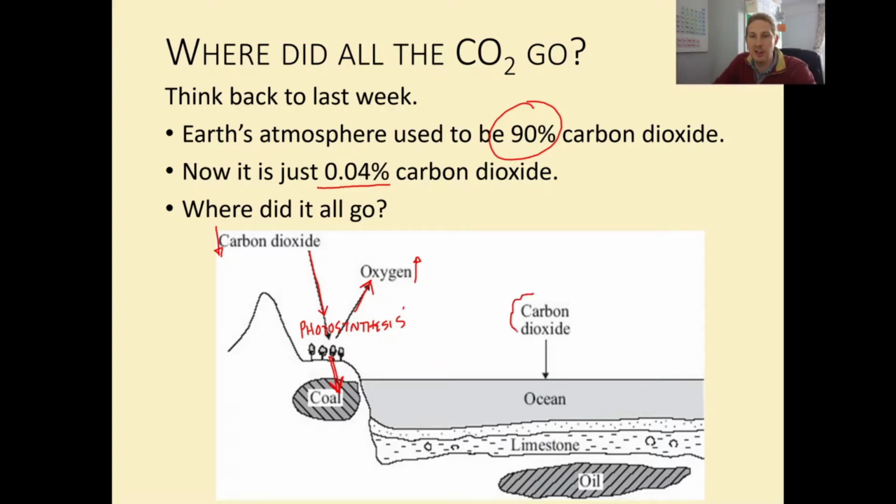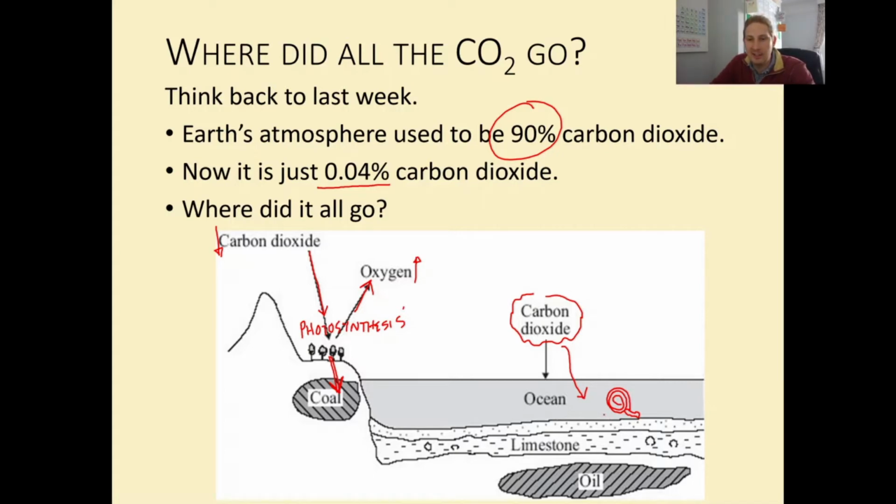Some of the carbon dioxide in the atmosphere dissolved into the ocean, and there's a lot of CO2 still held in the ocean today. And in the ocean, it got eaten by sea creatures and turned into shells for many sea creatures.